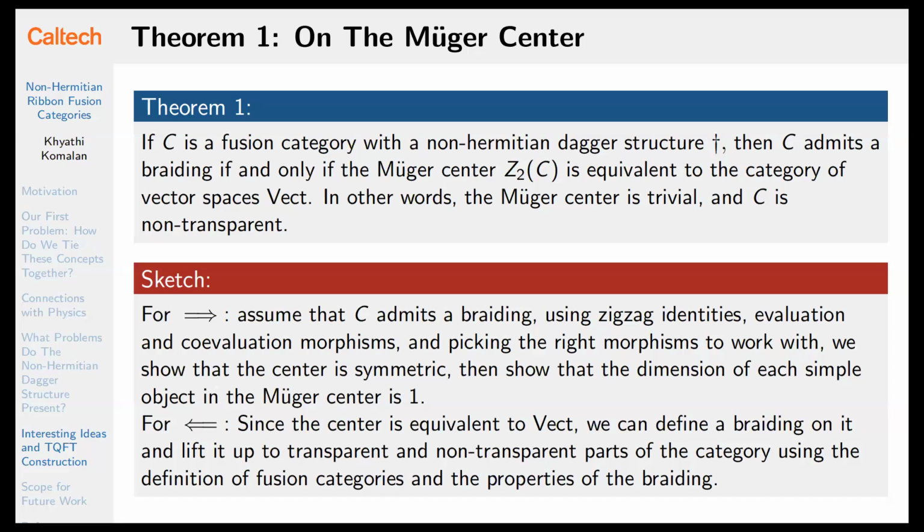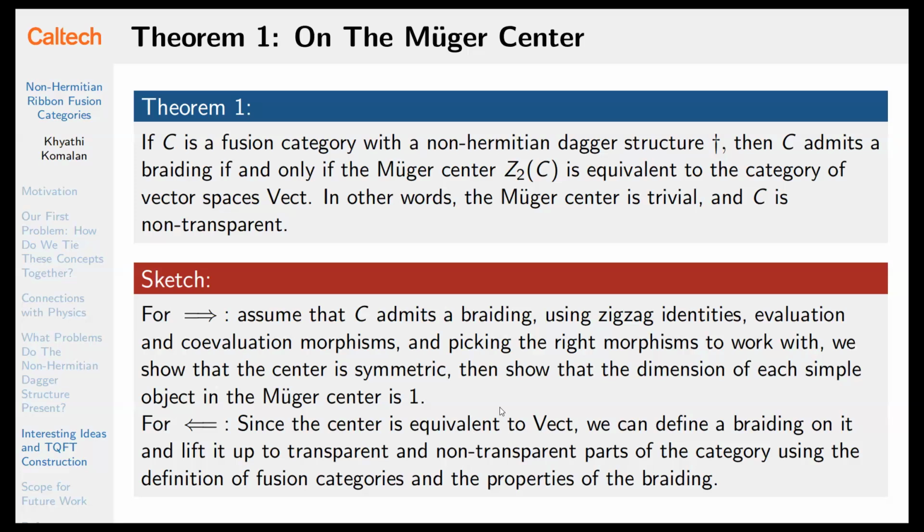But I want to avoid using all of the properties that come with it. So we'd be picking morphisms, defining them based on the structures that we do have and working with them. We would eventually be showing that the center is symmetric, and then we will show that the dimension of each simple object in the Müger center is 1.